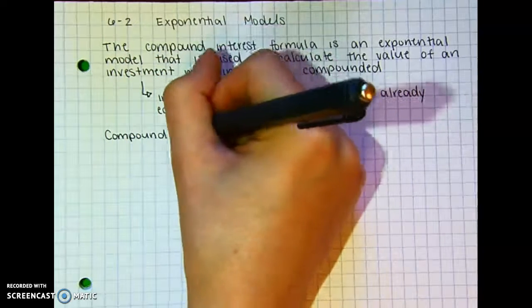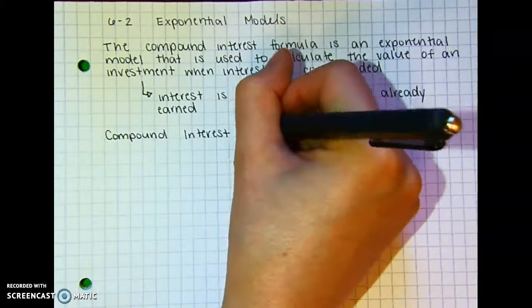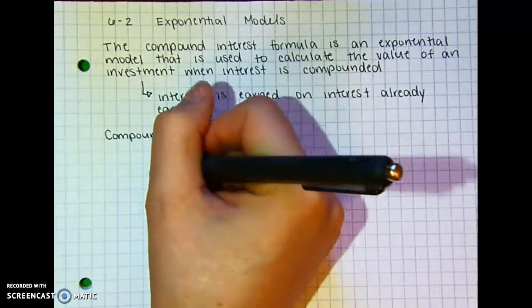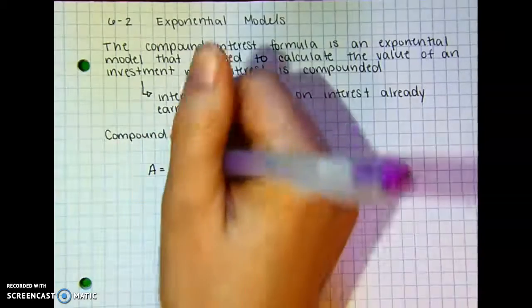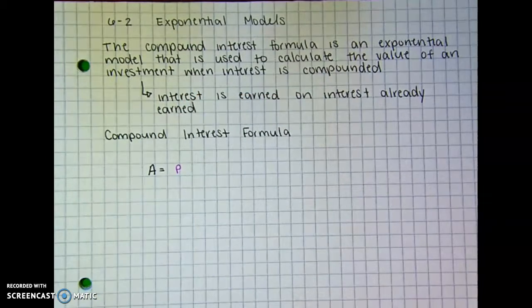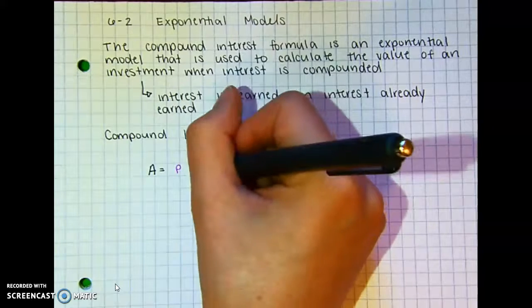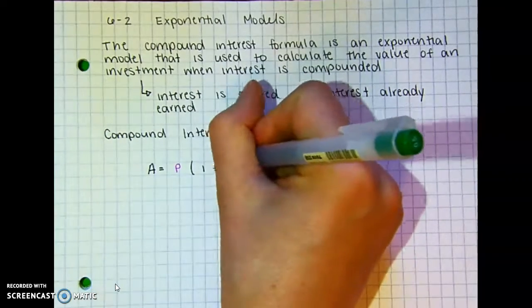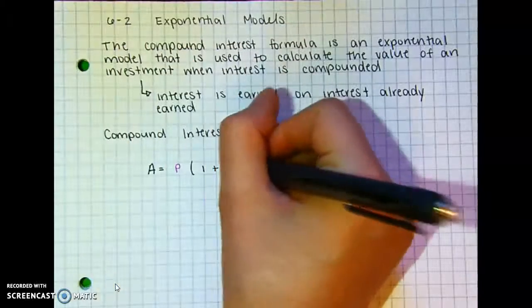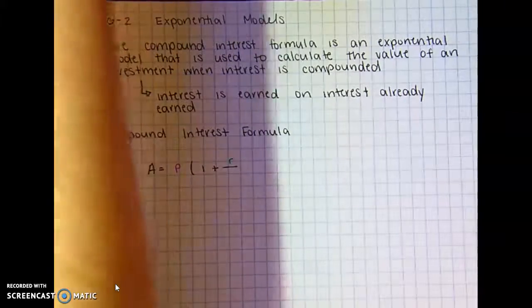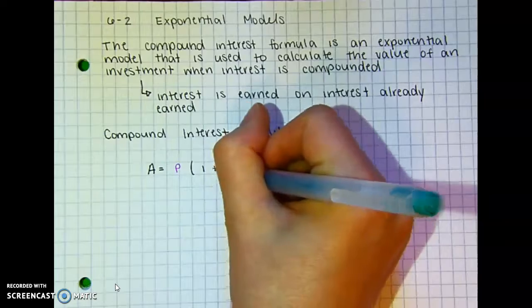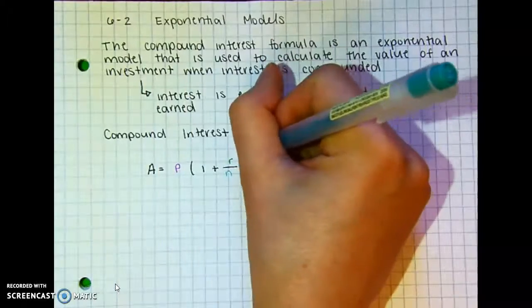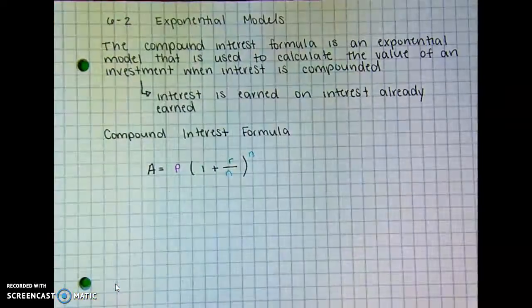The compound interest formula is A equals P, and I'm going to do some color coding here, P times 1 plus R over N, a little similar to the last formula we talked about, close your parentheses, and then the exponent is N times T.